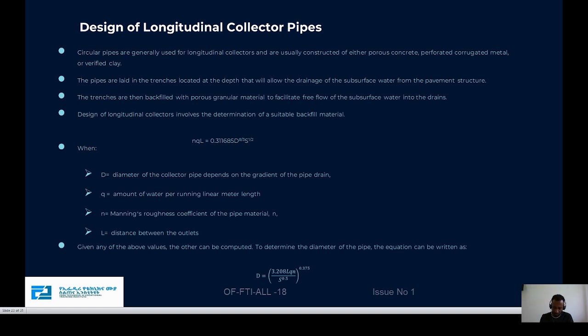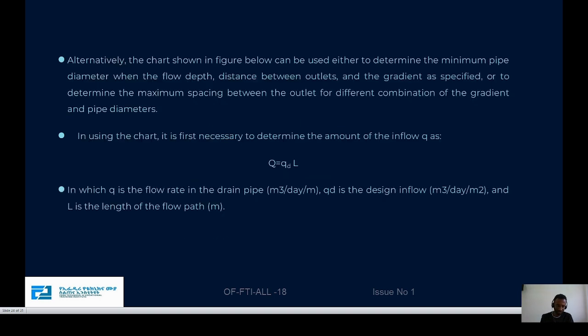D values will also be calculated by using this formula. Alternatively, the charts shown in the figures below can be used to determine the maximum pipe diameters and also the distance between the outlets. The gradient, meaning the slope, will also be calculated.